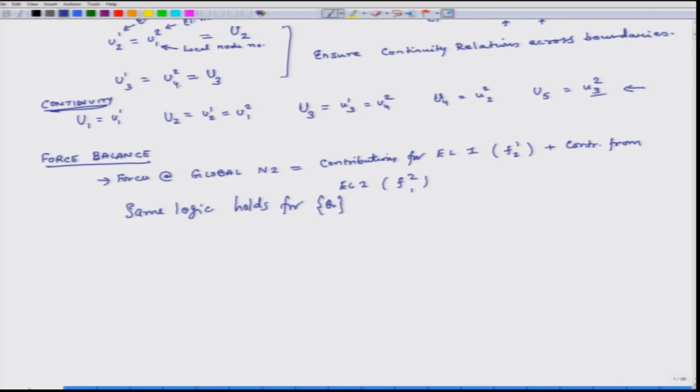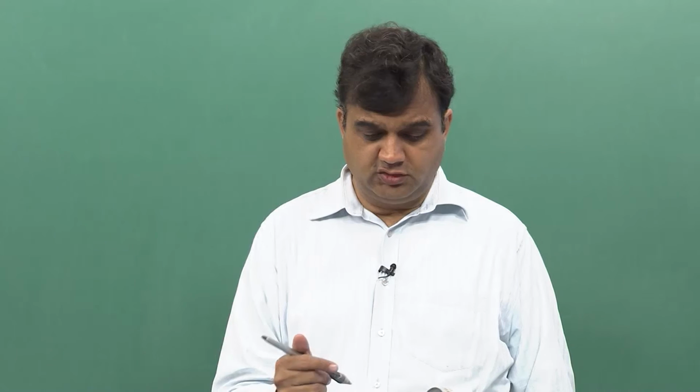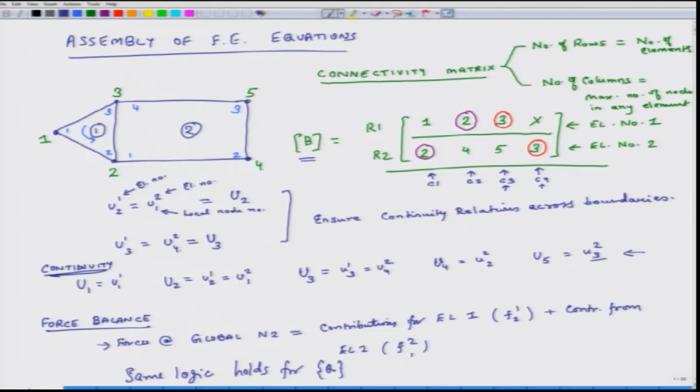And then finally, if I write equations for element 1, how many equations will I get just for element 1? 3 equations, right? Because there are 3 degrees of freedom in this triangle. For element 2, I will get 4 equations.